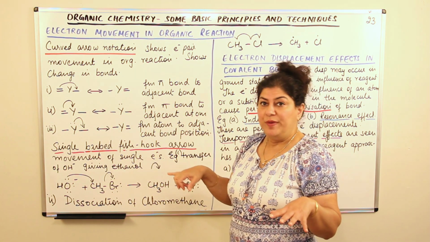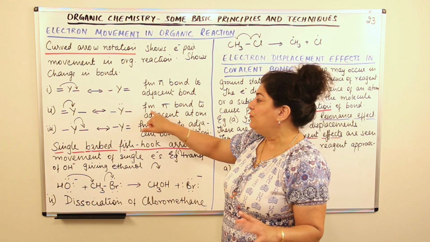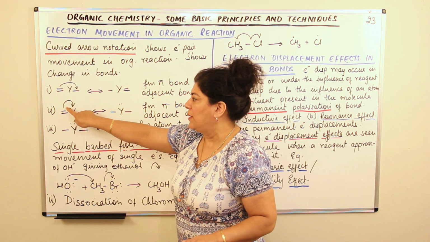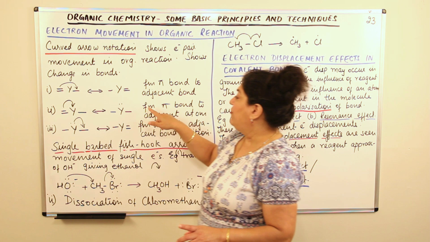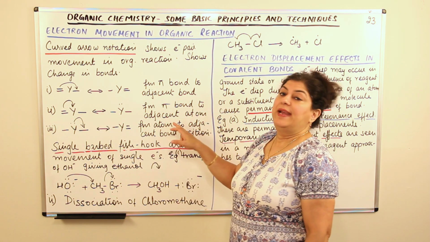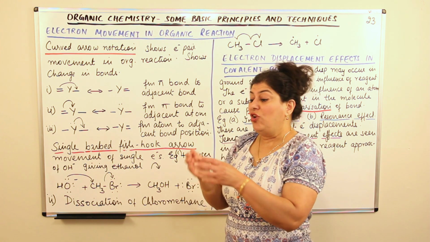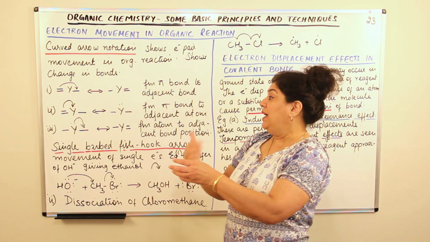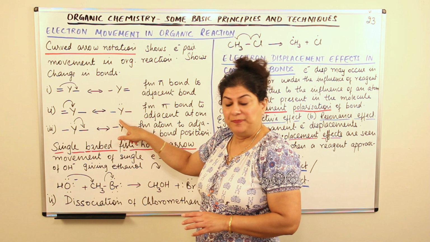So what is the electron movement here? It is a pair of electrons because it's a complete curved arrow. Therefore it is a pair of electrons which moved from a pi bond to an adjacent atom. It did not move to the adjacent bond, it moved to the adjacent atom.